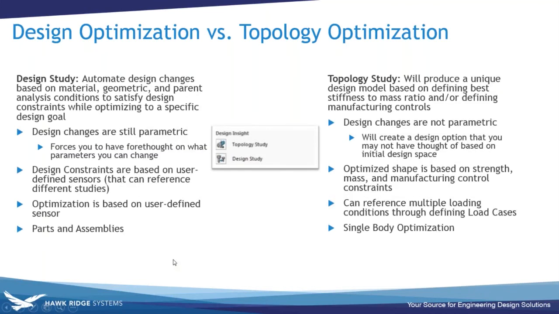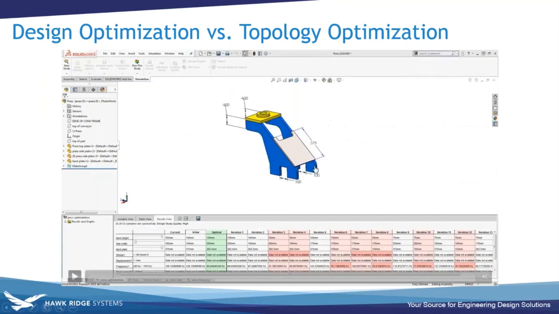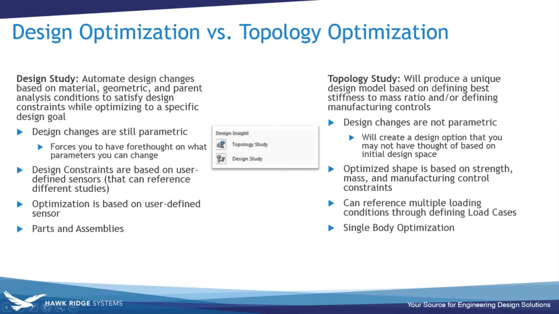But one of the problems with this is that it forces you to have a little bit of forethought on what those parameter changes can be. So you'll notice that in this case, I changed the parameters of the dimensions. Well, the key thing that you need to recognize is that all design changes are still parametrically linked. So that's how we model in SOLIDWORKS, where we have this parametric design where if I make a change to one thing, it may potentially make a change in another area of the model.